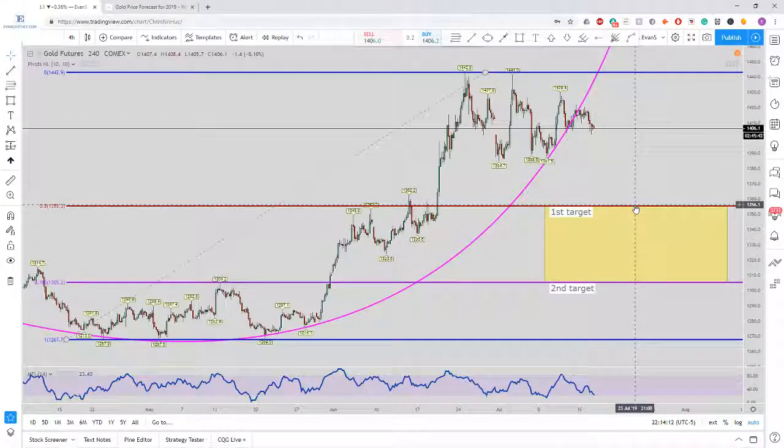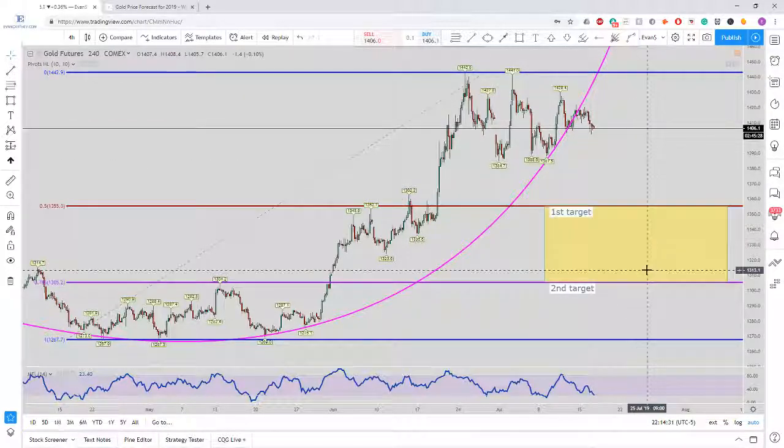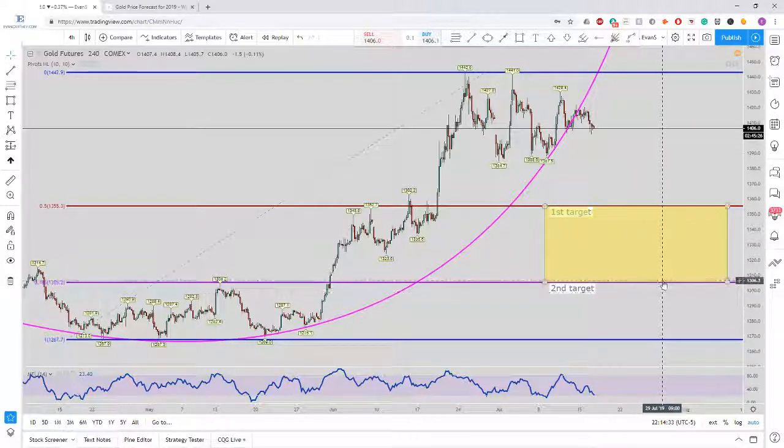And for the move to be over, price will first need to hit the 50% Fibonacci retracement level, and then go back up and break the previous high of 1442.90. When it does that, the parabolic move is over, or if it hits the 50 and then hits the 78.6, then the move is over as well. But either way, you're looking at the 50% retracement level to get hit.